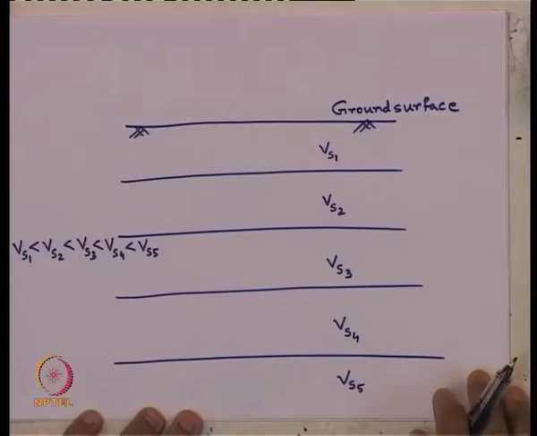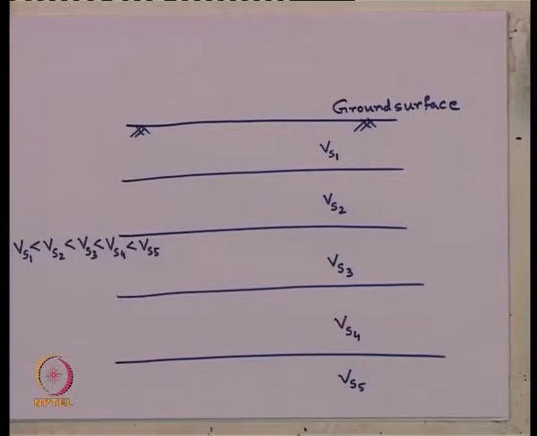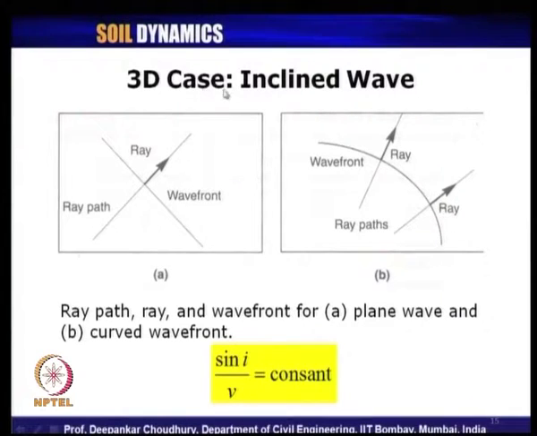Now, what we have seen in the previous lecture is that in case of a 3D inclined wave, when waves are travelling, they must follow the conventional Snell's law: sin I, where I is the angle of incidence with respect to the vertical, divided by V, the velocity of the wave in that particular media, has to be maintained constant.